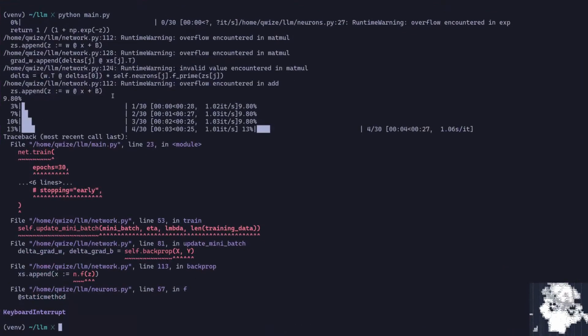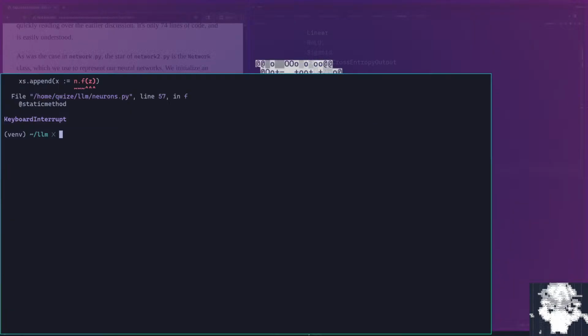Overflow encountered in add. Invalid value. Where's the first error? Overflow encountered in matmul. I wonder why.